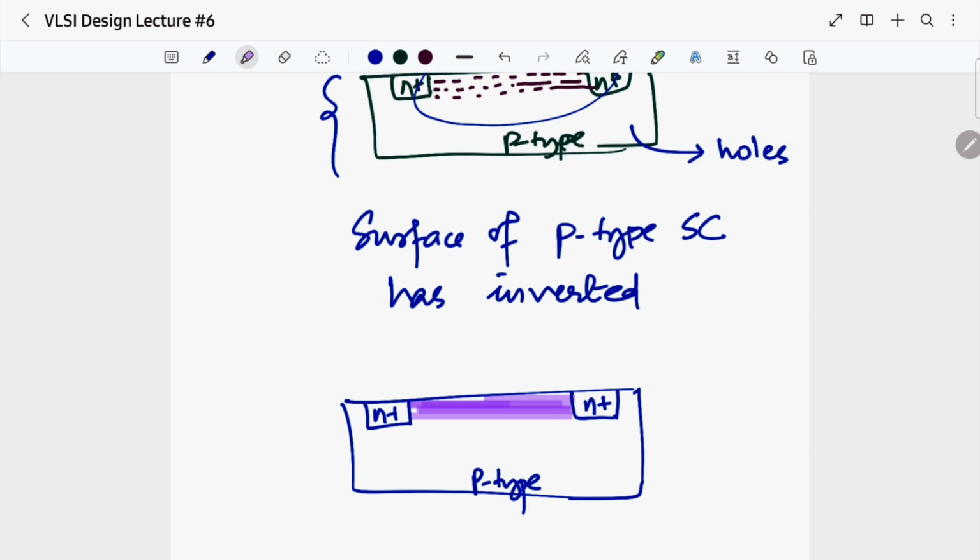So the n plus regions are also electrons, and this is also electrons.